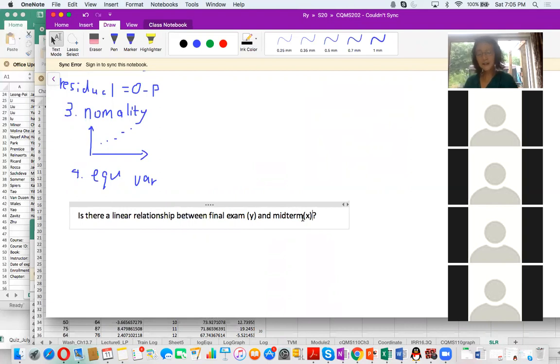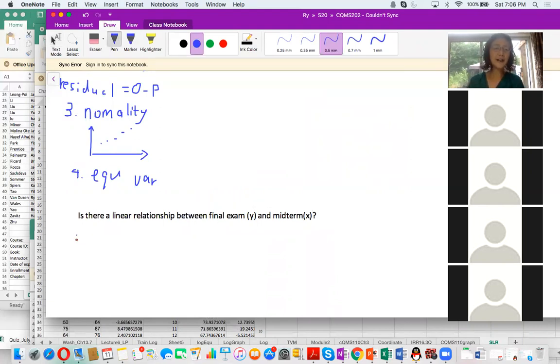To formally answer this question, you need to go through the 5 steps, okay? You can use either the p-value method or the critical value method. Step 1, you need to say, what is the null hypothesis H0? What is the alternative hypothesis H1?